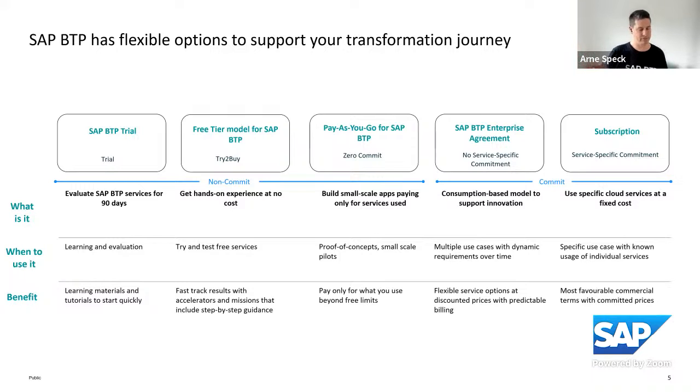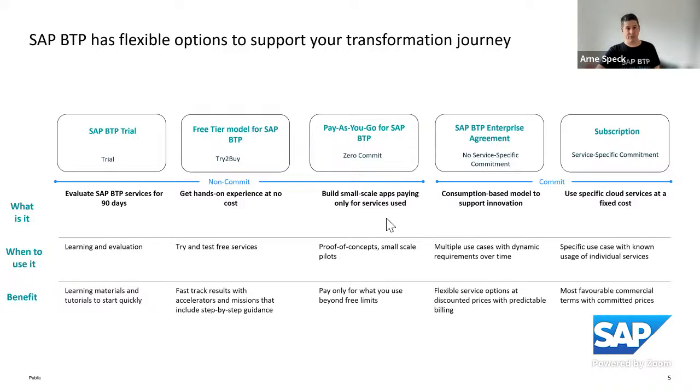You have nearly the same set of services as with the pay-as-you-go model, and you are able to access those services, use them, and consume them. But here you have a fixed pre-commitment of usage that you are paying, and then the usage is deducted, like in a prepaid model, from the so-called cloud credits that you have bought before.